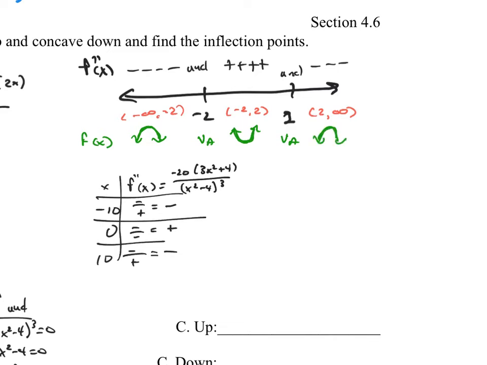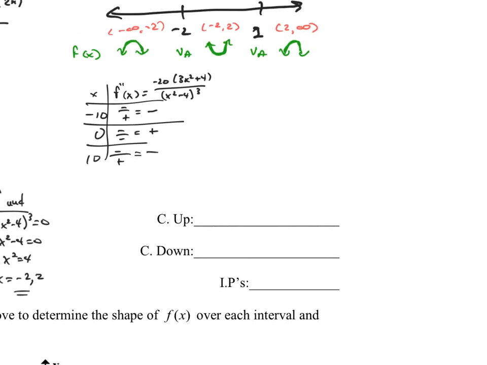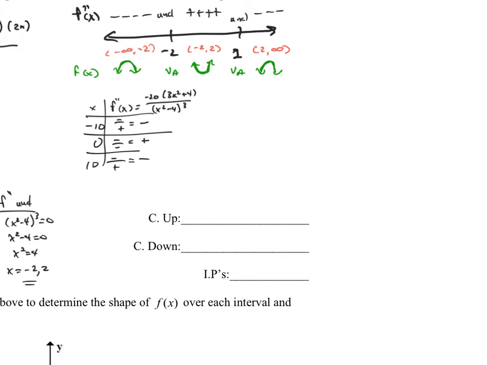I would love to say, because it changes concavity when x equals -2 and x equals 2, that those are inflection points, but again, they cannot be inflection points because they are not defined in the original function. So what can we say? We can say there's no inflection points, or I'll just write none there.